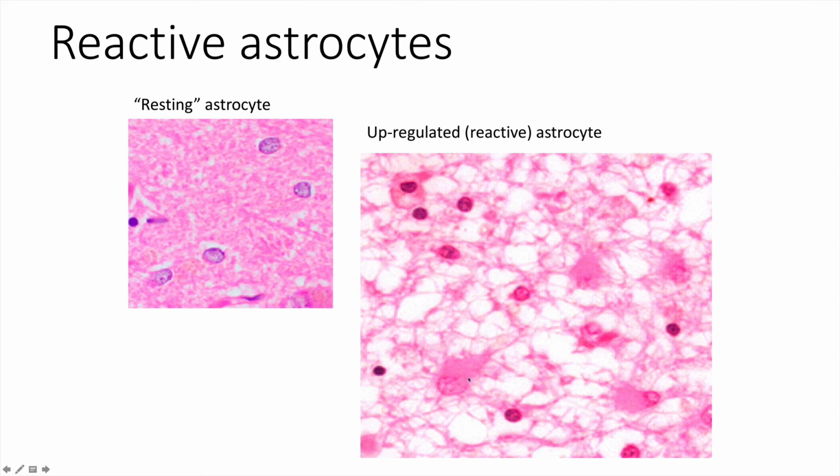In this area of subpial sparing, and also on the opposite side of the cavity of this particular infarct, the astrocytes have taken on a quite different shape, where their nucleus is now surrounded by a considerable amount of cytoplasm. We refer to this as reactive astrocytes, and in fact the term astro, or astrocyte star, is really referring to this type of astrocyte. And what these astrocytes are doing, by upregulating, is walling off the damaged area of the brain and the infarct from normal brain.